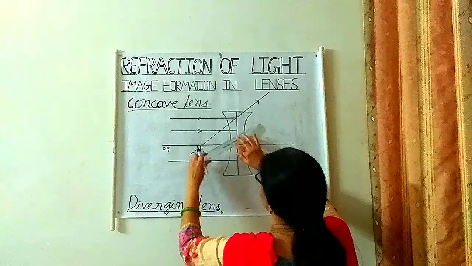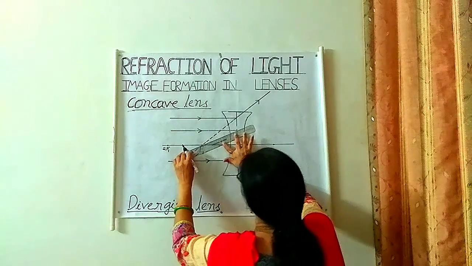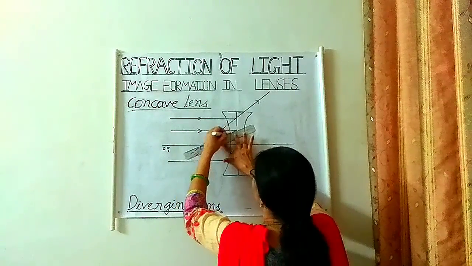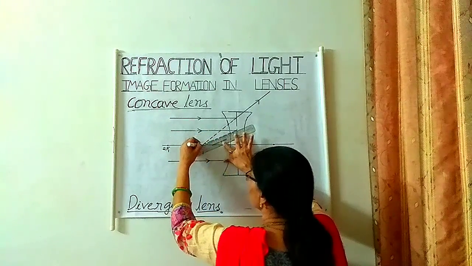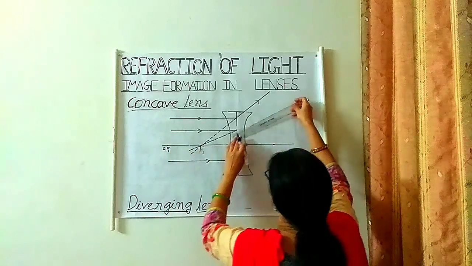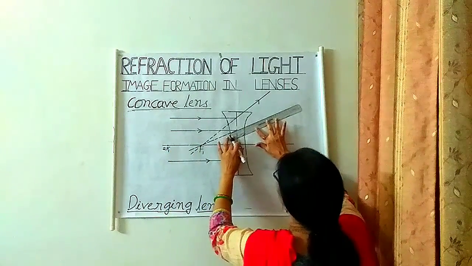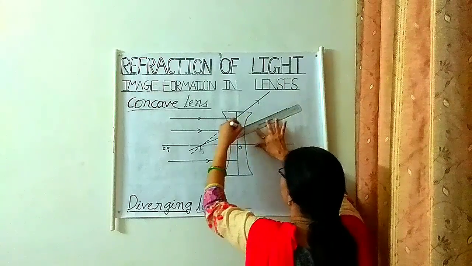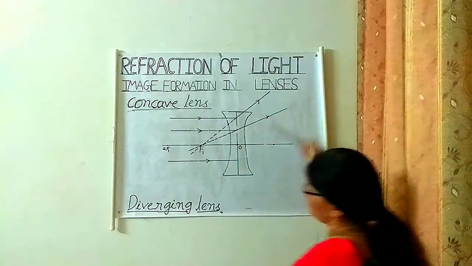For this incident ray, this will also pass through the principal focus like this. So we have to draw a dotted line on this side and extend this line on this side and put the arrow like this. This is another refracted ray.